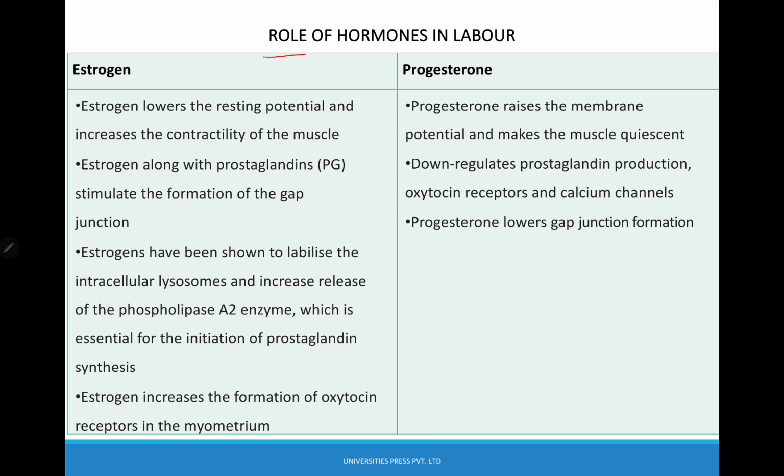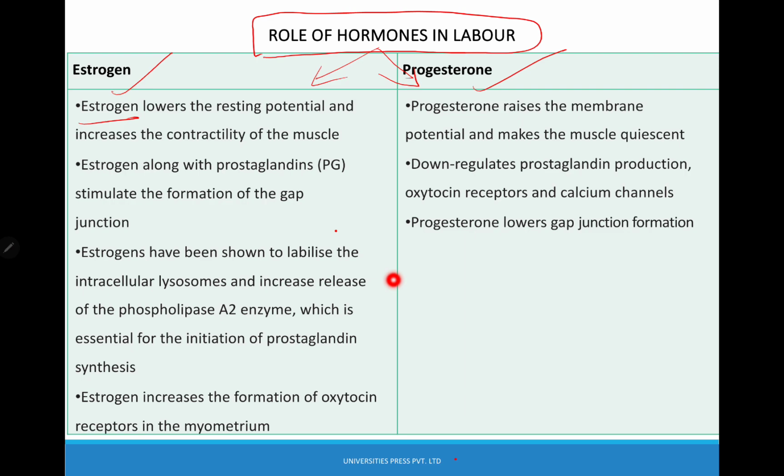What are the roles of hormones in labor? We have these two hormones, estrogen and progesterone. Estrogen lowers the resting potential and increases the contractility of the muscle. Estrogen along with prostaglandins stimulates the formation of gap junctions.